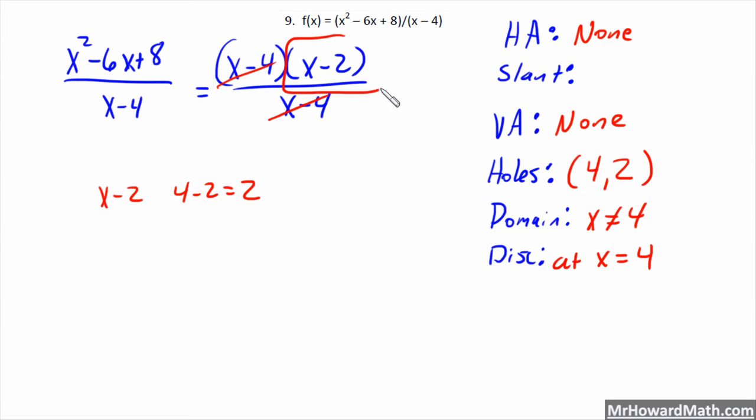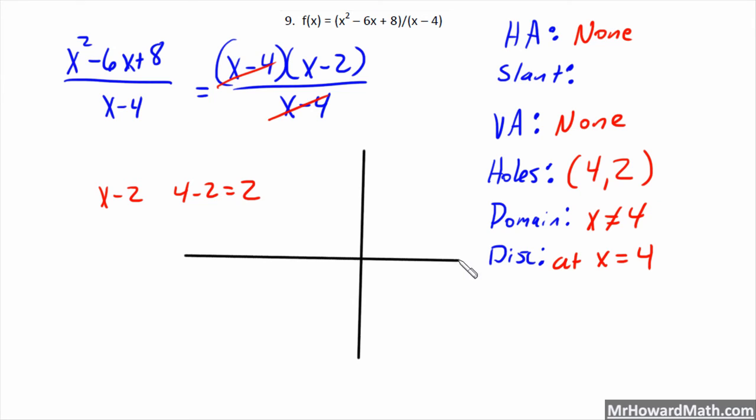And in this case, we're only left with a linear equation in the numerator, and actually the denominator canceled. So that means this is actually a line with a hole in it. So there is no slant asymptote in this case because this is just a line with a hole in it. So the y-intercept is negative 2, and we have a hole in the graph at 4, 2. So we'll put that in right here.